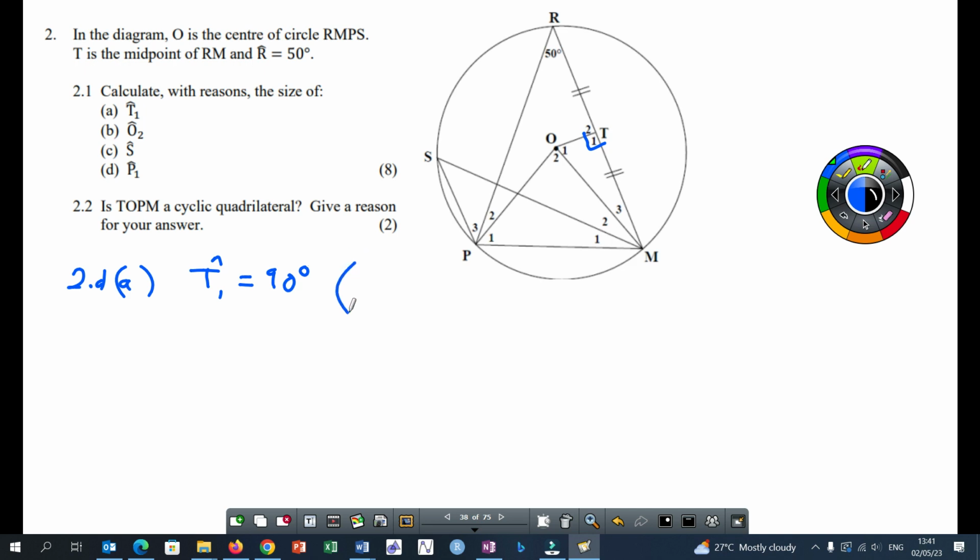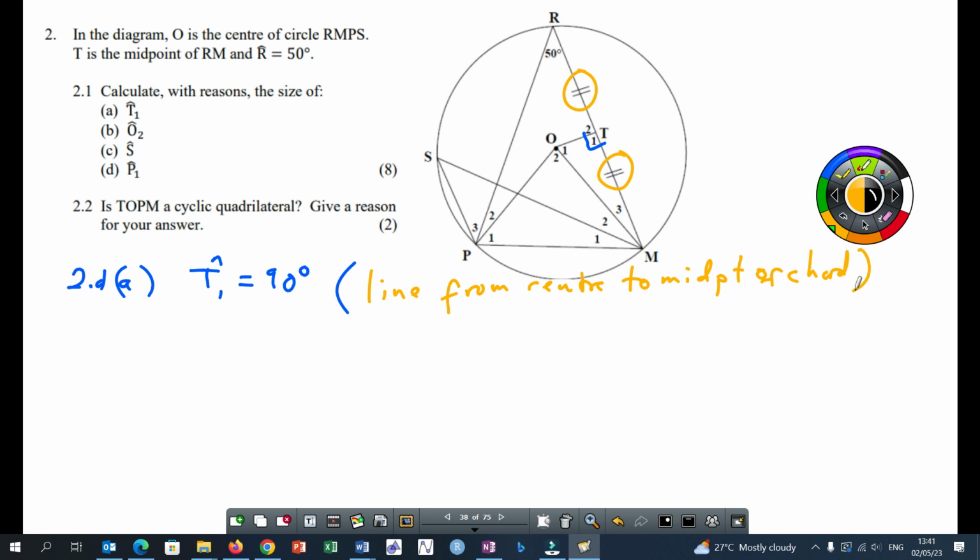And the reason here, because chord RM is bisected and it's indicated, you don't use the original theorem 1, you use the converse. Line from center to midpoint of chord. Okay? So your reason here will be line from center to midpoint of chord. That's the appropriate reason for that question.